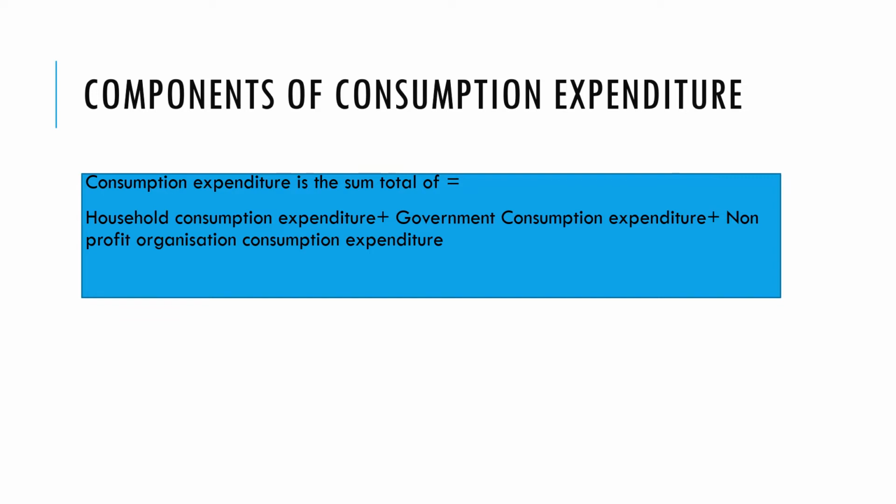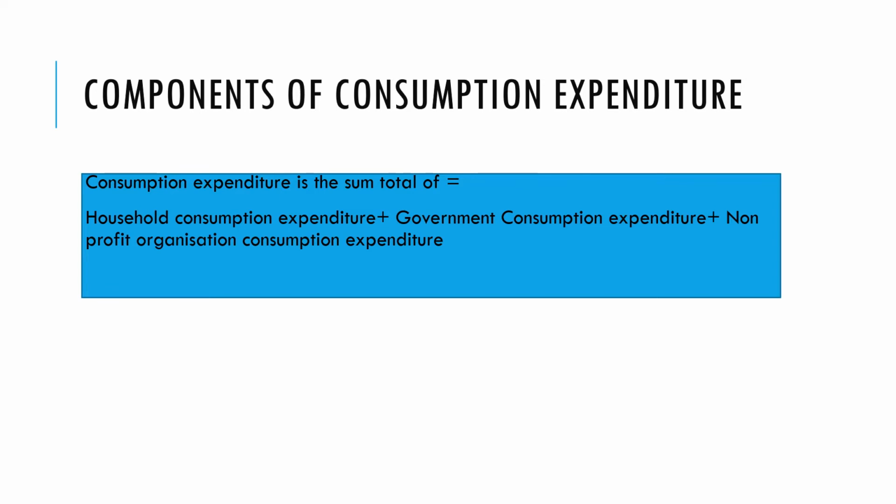Households do it for personal satisfaction or consumption. Government does it for welfare. And non-profit organizations like temples, NGOs, etc., do it for their own welfare purposes, which is again for society. But all of them do it for consumption and no further production happens here. So they are consumption expenditure.